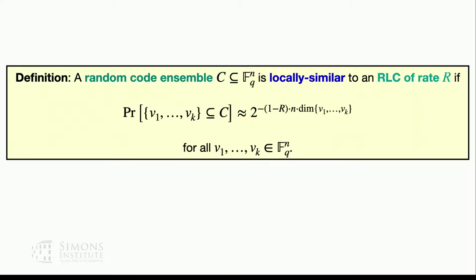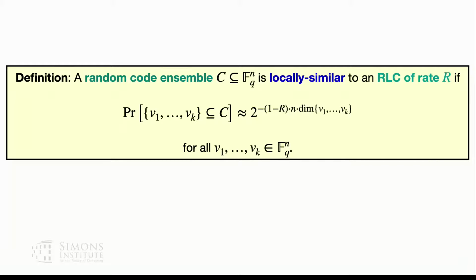So we say that this random code is locally similar to a random linear code if, remembering the only thing you need to know about random linear codes, this other code C approximately satisfies this same thing: that the probability of containing a small set is roughly the same as in a random linear code. Any code that does that, we say that it is locally similar to a random linear code.